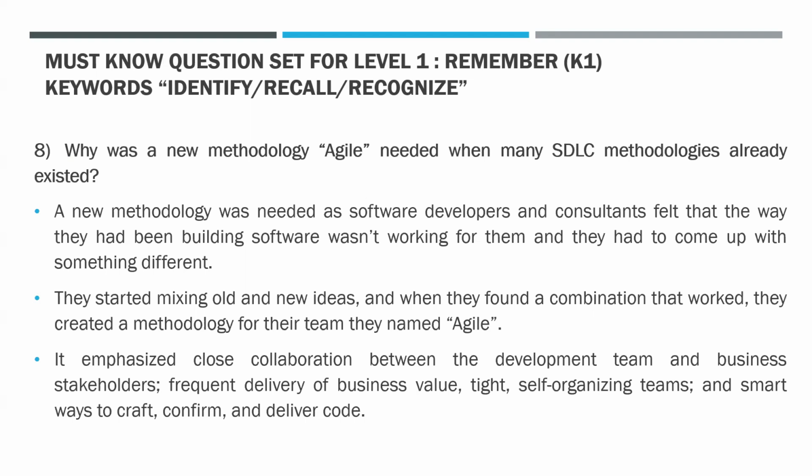They started mixing old and new ideas, and when they found a combination that worked, they created a methodology for their team and they named it Agile. It emphasized close collaboration between the development team and business stakeholders, frequent delivery of business value, tight self-organizing teams, and smart ways to craft, confirm, and deliver.